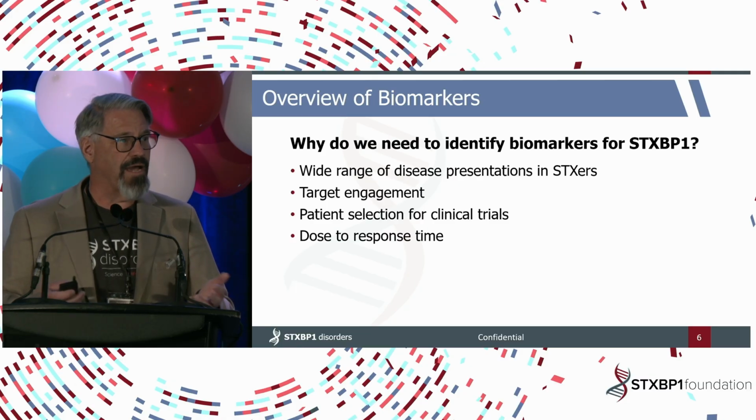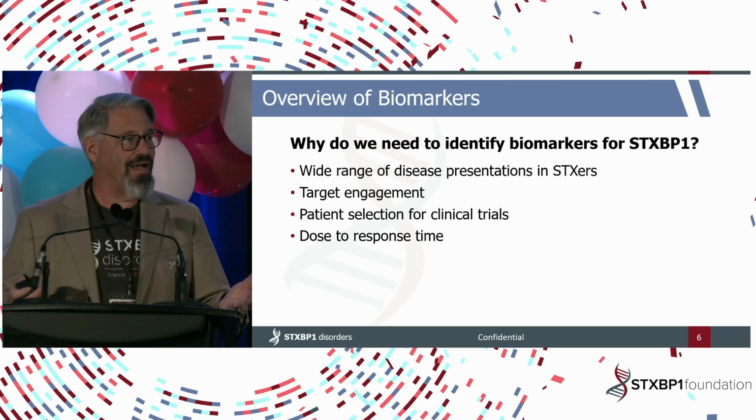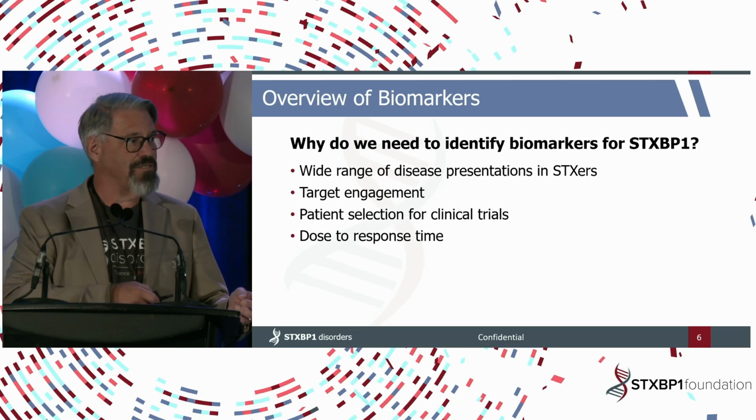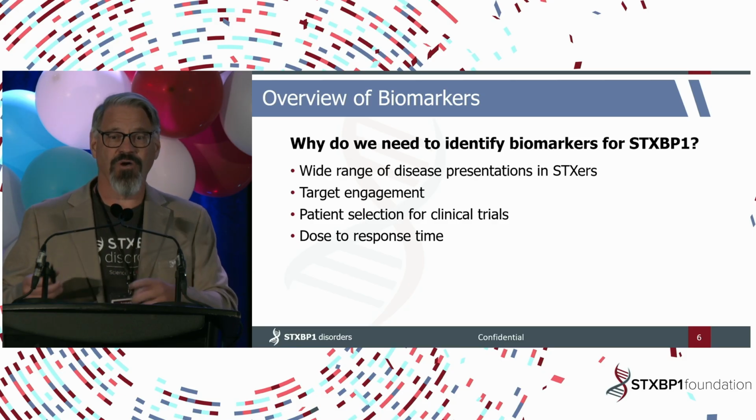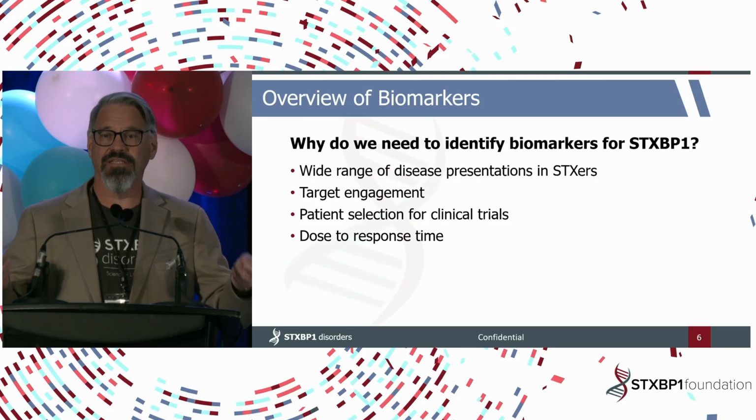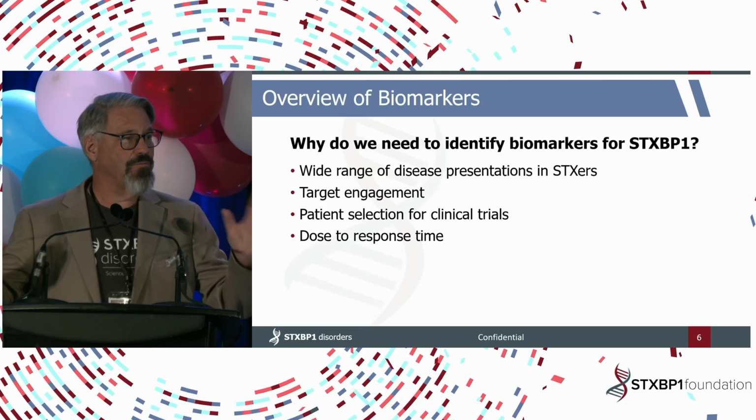But a biomarker might change very quickly. And so that tells pharmaceutical companies that, yes, their drug is working and we're going to continue the clinical trial and we can be hopeful.